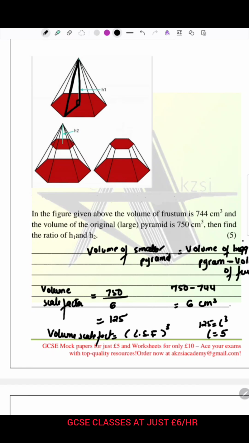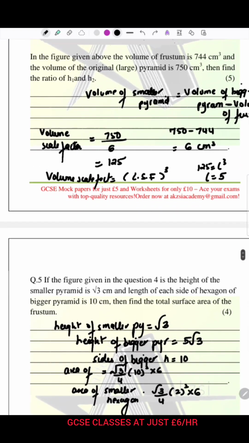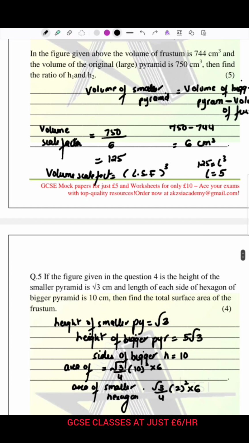Clearly this is the height, which we have already calculated as 5 root 3, and this bottom one, because they all can be divided into equilateral triangles, whatever this length is, it is exactly the same, and the length of each side of the hexagon is given as 10.